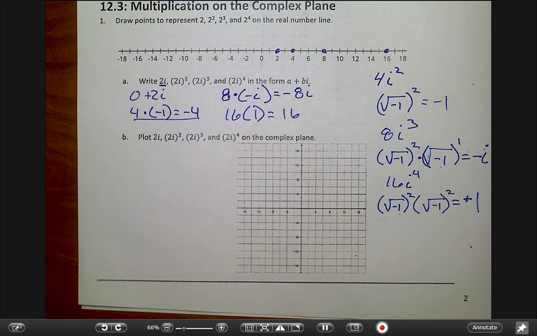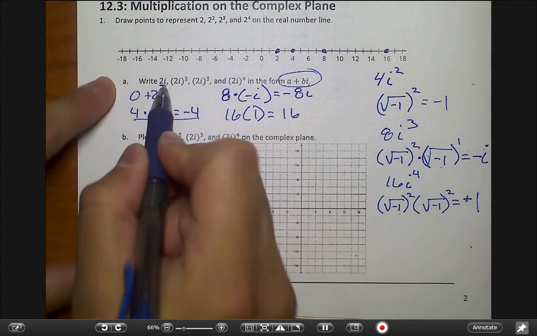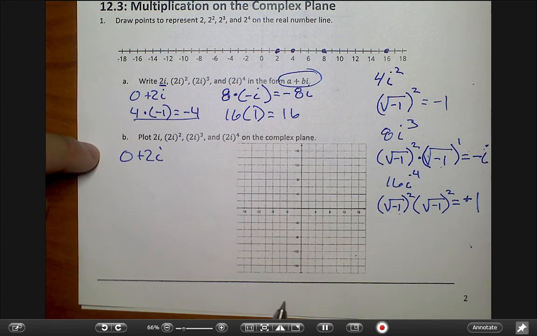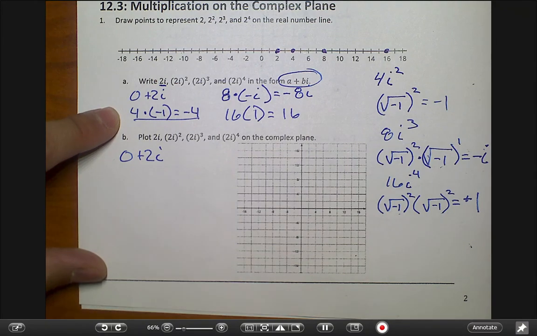All right, so let's rewrite these all in the a plus bi form. So the first one, I already did the first one. The first one was 0 plus 2i. The second one, what's this one going to be? How would I write this in complex form?